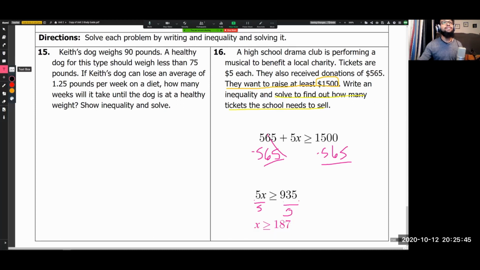And with that, it tells me that they need to sell at least 187 tickets. I'm just going to type that out as our actual answer here. They need to sell at least 187 tickets. That's how we're going to interpret this answer.